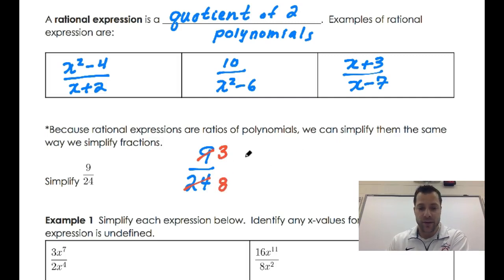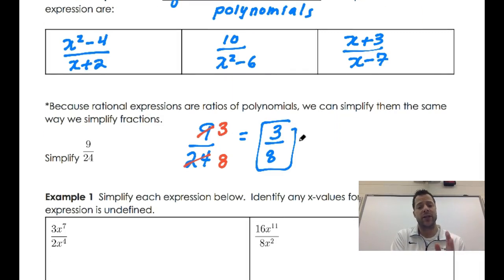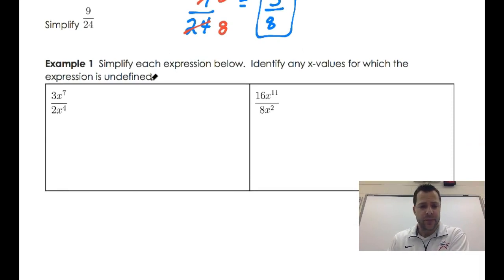So 9/24 reduces to 3/8. And what they're saying here is that because these are ratios of polynomials, we simplify them the same way as we do fractions. It can be a little more challenging, so let's look at some examples.